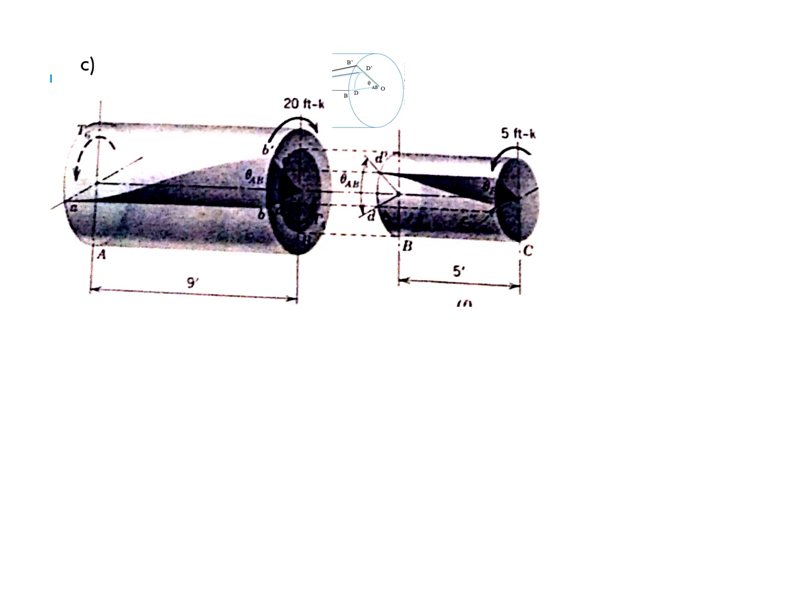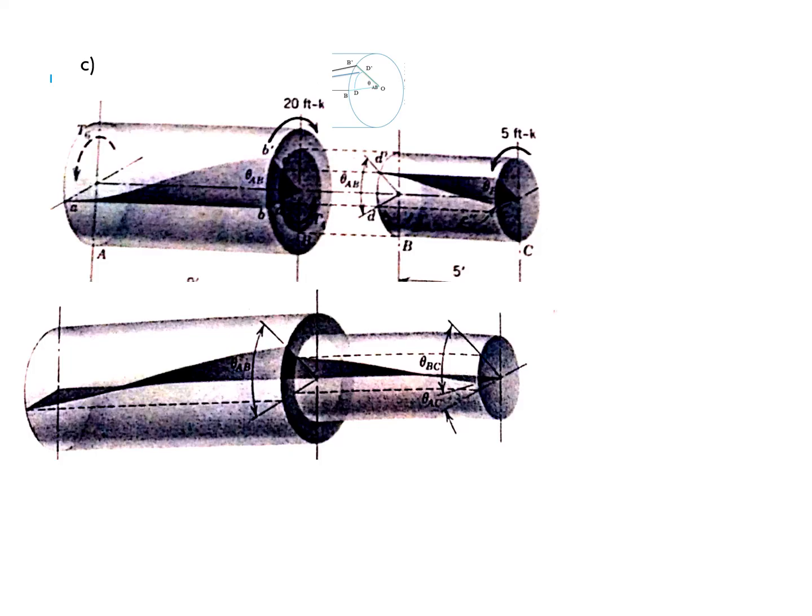This is the diagram we have already discussed for the AB segment. Here D dash shows the movement of points in the BC segment at B. This is another view of that diagram. Now you can see theta AB, which we have already calculated, and the movement of C with respect to B due to 15 foot K torque. And the movement of C dash point back due to 5 foot K torque to C double dash is theta BC.